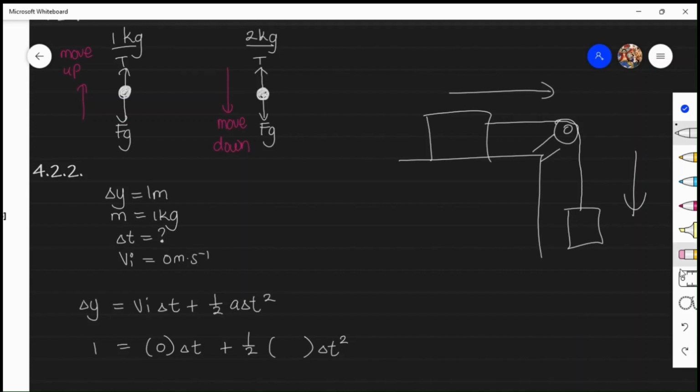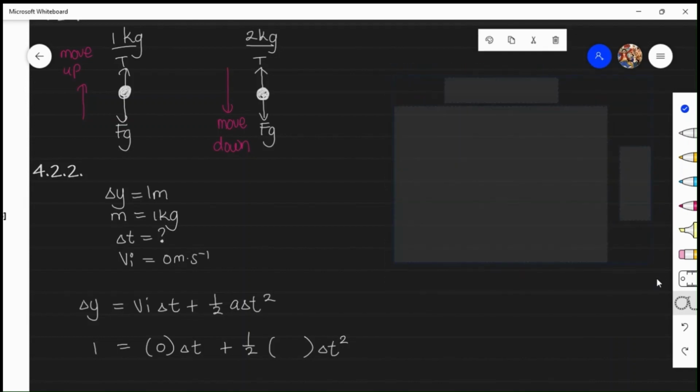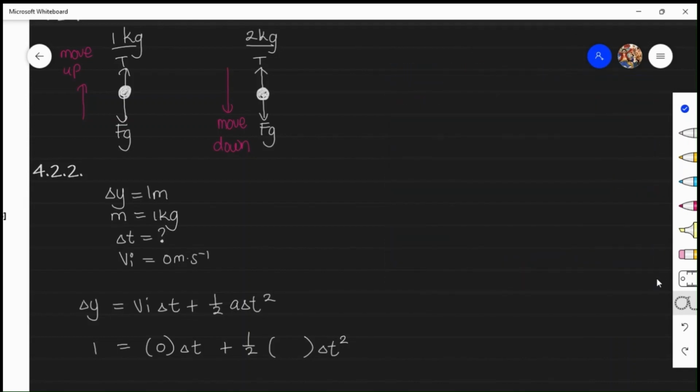So, if your objects are moving in two different directions, I would recommend that you take the direction of motion as positive. So, that means that down is going to be positive for my 2 kg block, and up is going to be positive for my 1 kg block.